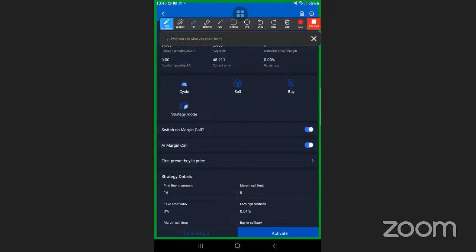The robot will buy from this price. But with preset, you put in the preset price there, then you click activate. Then the work is done.